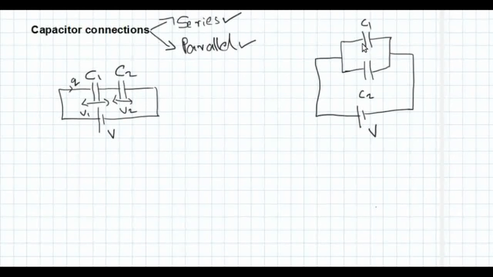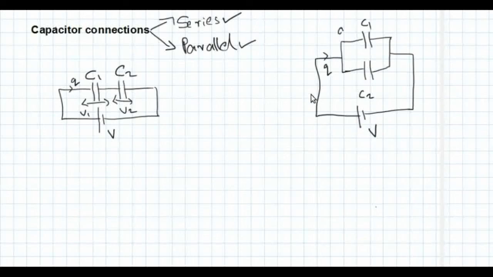Here both ends of C1 are connected to the cell, and both plates of C2 are also connected to the cell. But in series, only one plate of C1 is connected to the cell, and only one plate of C2 is connected to the cell. Parallel connection means both plates will be connected to the voltage source. So that is how the connections are different.